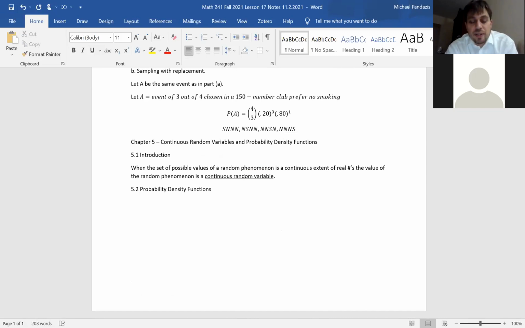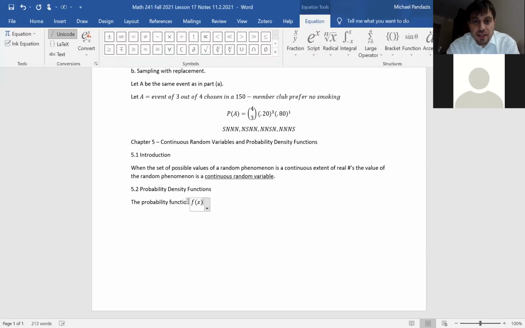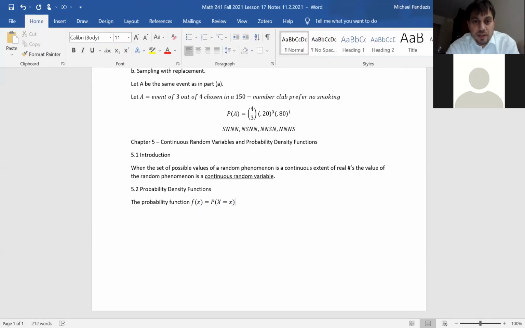If a variable is real valued, then it's a continuous random variable. The probability function f of x equals P of X equals little x plays an important role in a discrete random variable.